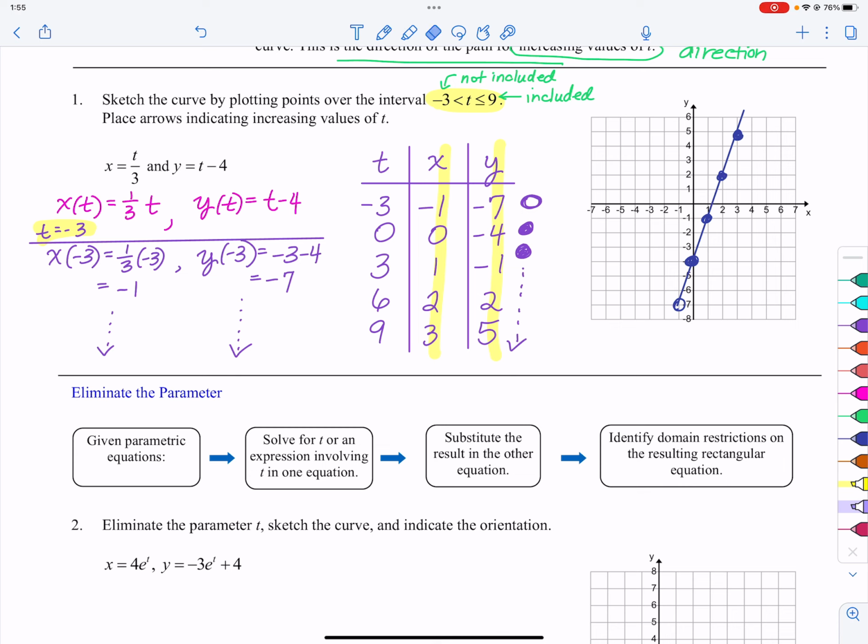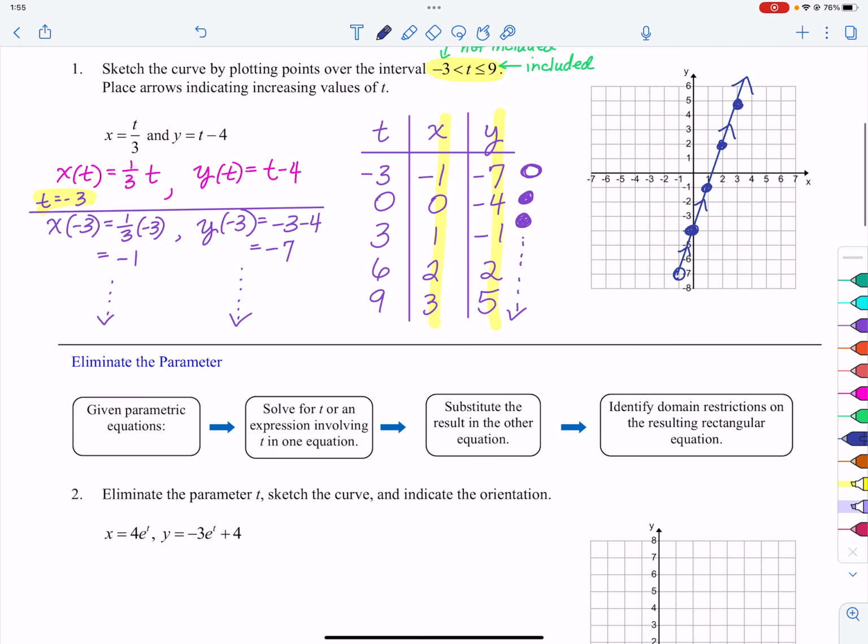And let's use some arrows for the direction. That means as t increases, this is what we have. Keep in mind, we do have an open point at t equal to -3, which is at the point -1, -7.